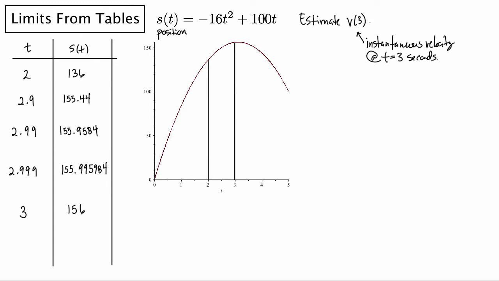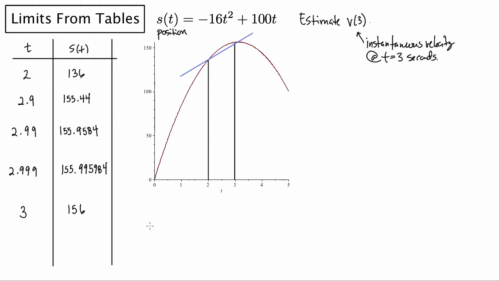So what I would like to do first is begin by looking at the average velocity over that time. And so remember, the average velocity is the slope of the secant line through the 2 points. So let's start by finding the slope of the secant line over the interval from 2 to 3.